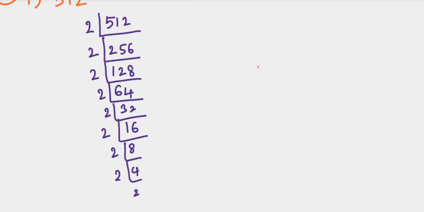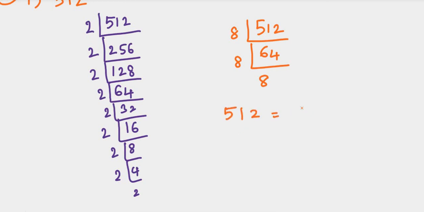Same question you can express in another way also. For example, 512 divided by 8, 8 64, 8 8. So 512 is equal to 8 multiplied by 8 multiplied by 8. That is equal to 8 cube.